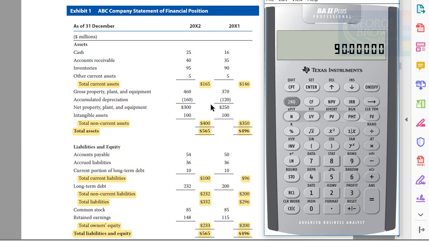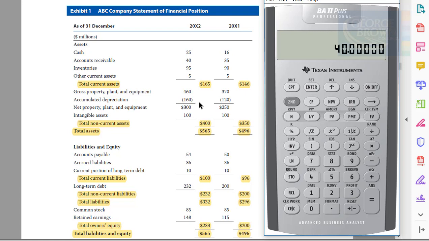The accumulated depreciation, as we'd expect, goes up from 20X1 to 20X2 from 120 to 160. So we can see that the depreciation expense for 20X2 is very likely 40 million. 160 minus 120 gives us 40 million. The accumulated depreciation went up by 40 million.